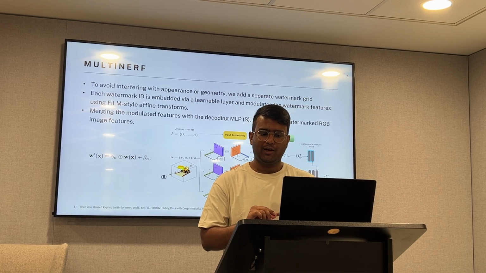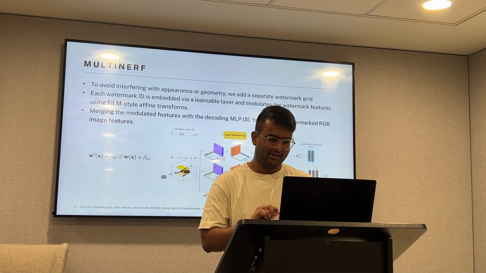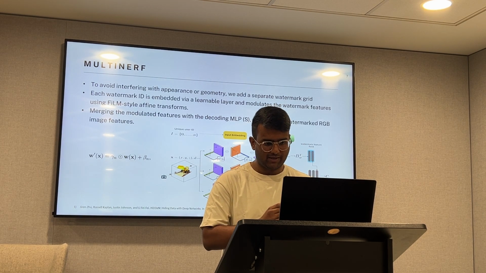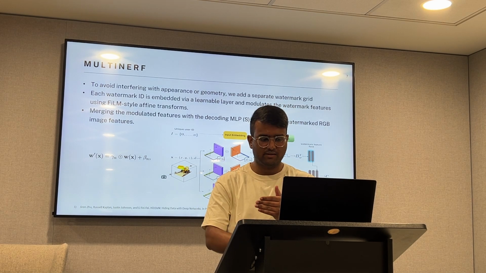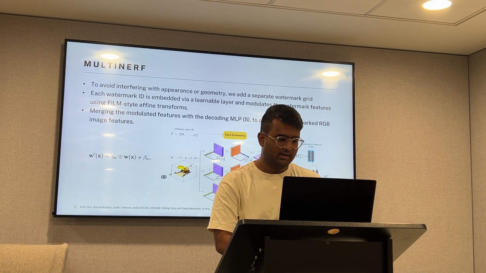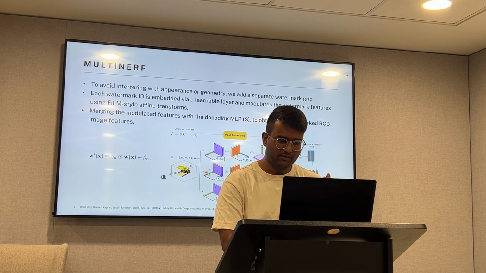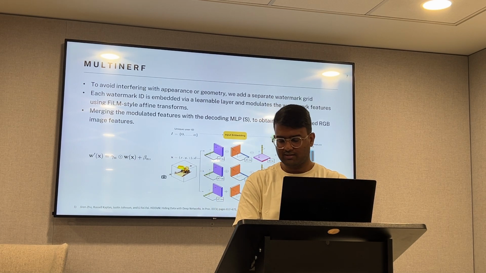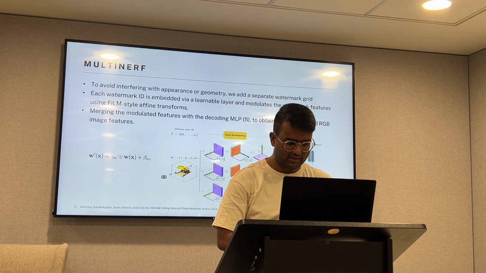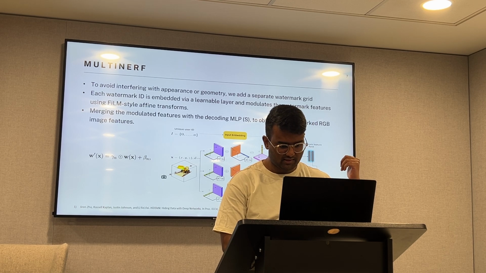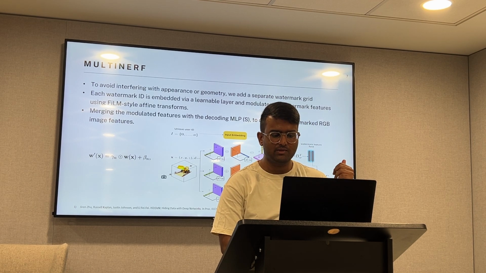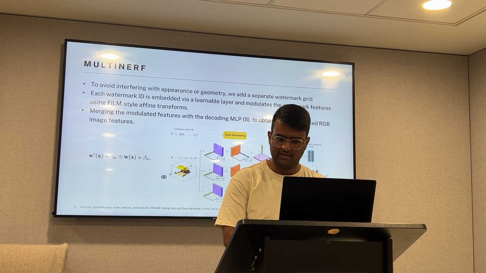So to avoid interfering with the appearance or geometry, as I told, NeRF outputs the color and the density fields. A basic architecture of TensoRF would be the bottom two grids. These are the grids that I'm talking about, and the first grid would output the RGB values and the density values in normal TensoRF.